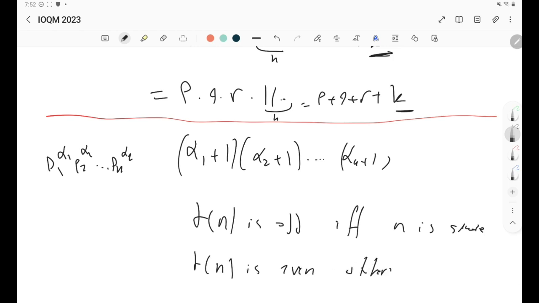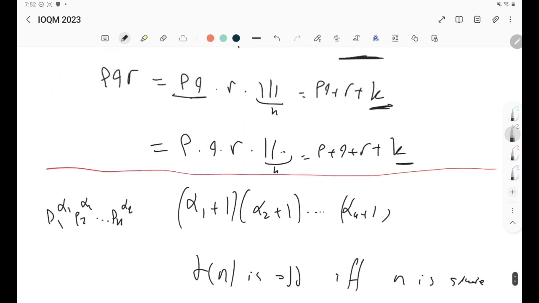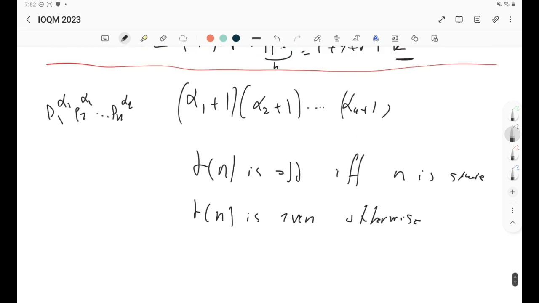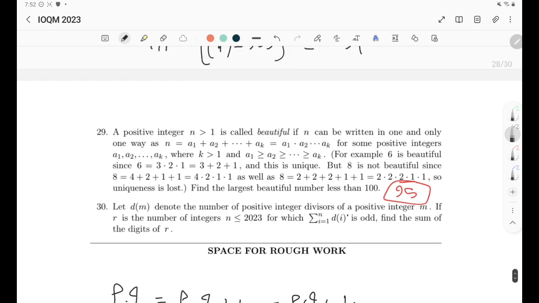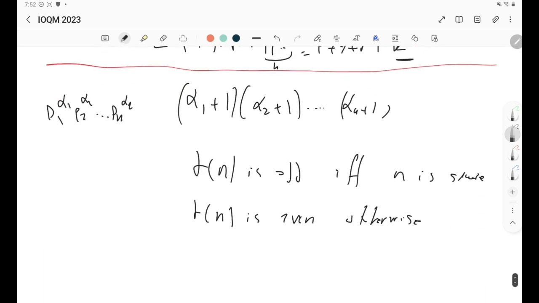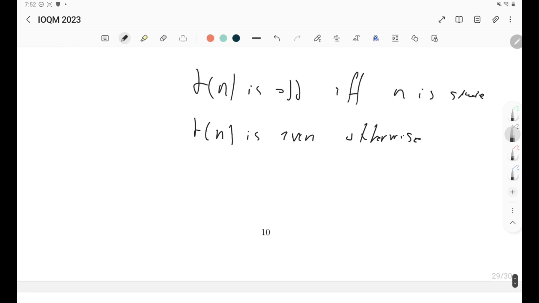Now, thinking about this, we find that this question is really easy, although it's the last question. That means this thing is always even, so it will not change the parity of the sum unless i is a perfect square. Whenever you have a perfect square, things are going to flip. If you start with 1, of course d(1) is 1, so we already have an odd.